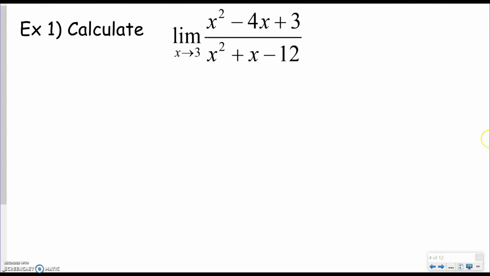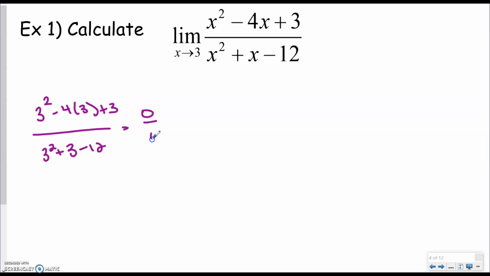So for example, we have the limit as x approaches 3 of this function here. Now, if I did direct substitution here and simplify the numerator and denominator, I end up getting 0 over 0. So since we have an indeterminate form here, we are going to transform this by factoring like you did in Algebra 2 and pre-calc.